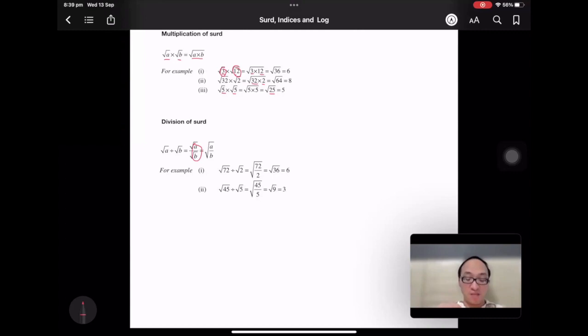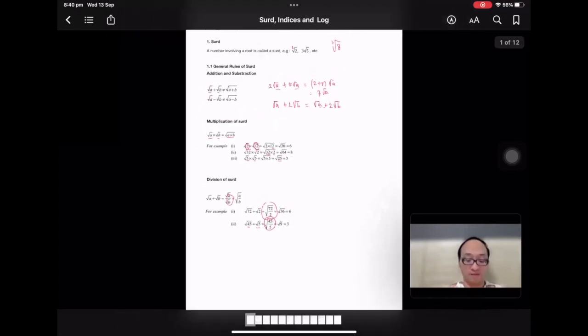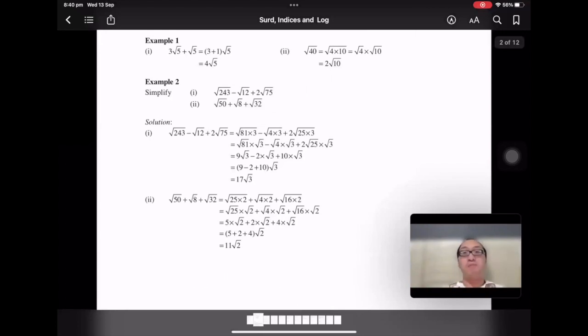For example, square root of 72 divided by square root of 2 is the same as the square root of 72 over 2, which equals square root of 36, so equals 6. And also square root of 45 divided by square root of 5 is square root of 45 over 5, which is square root of 9, and this equals 3. That's the four main properties of surds.